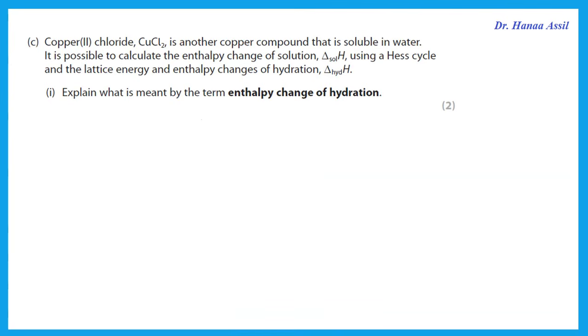Copper chloride is another copper compound that is soluble in water. It is possible to calculate the enthalpy change of solution using a Hess cycle and the lattice energy and the enthalpy changes of hydration. First of all, explain what is meant by enthalpy change of hydration.